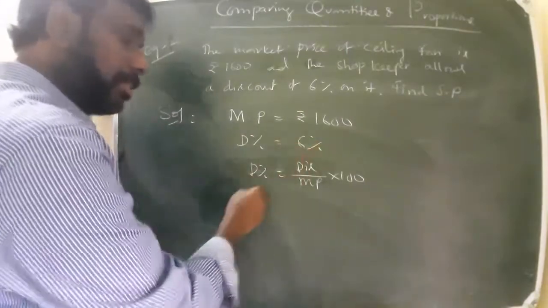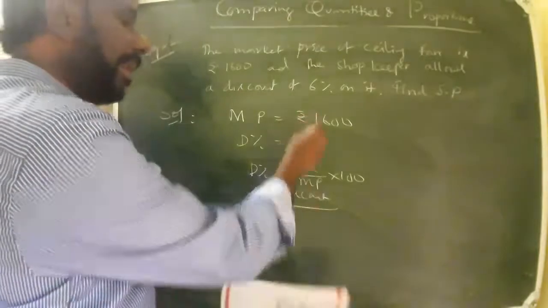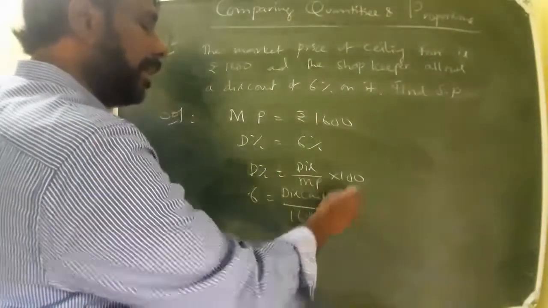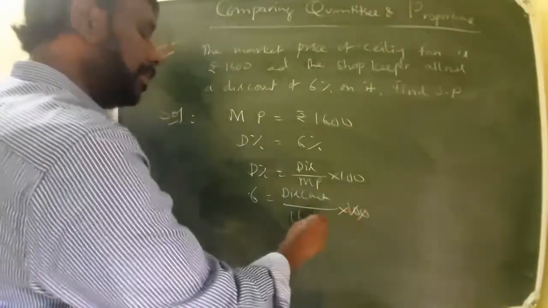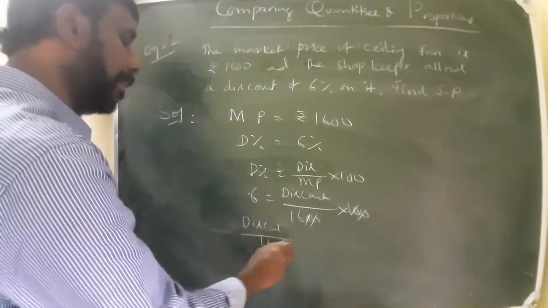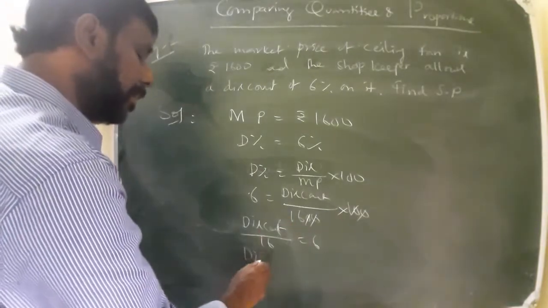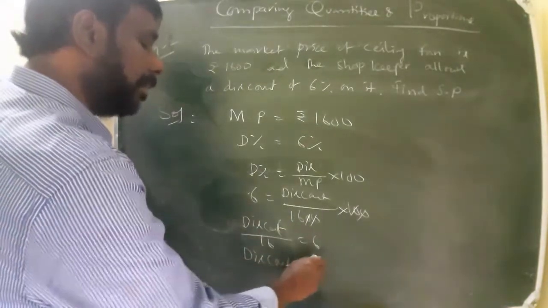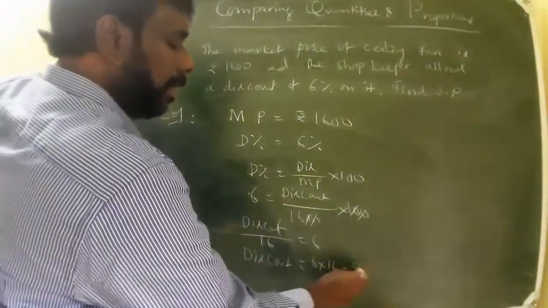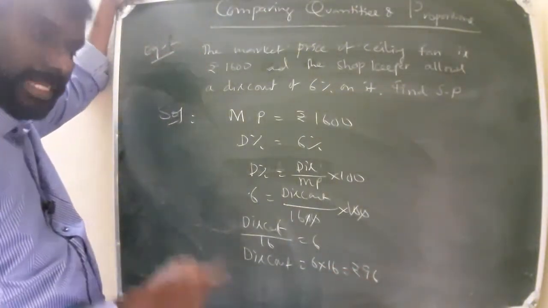Discount percent we know, discount we don't know, market price we know, 1,600 into 100. So discount by 16 equals 6. Transposing the 16 to this side, discount equals 6 into 16, that is 96. So the actual discount is 96 rupees.